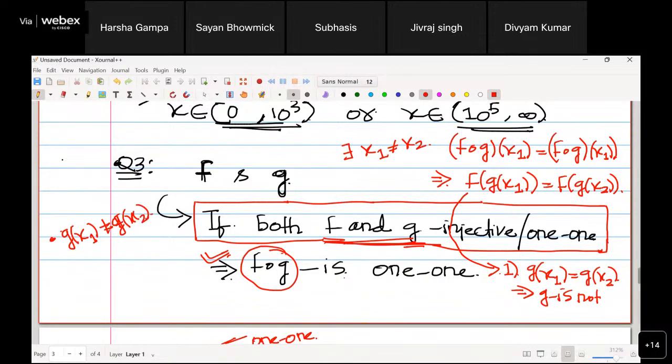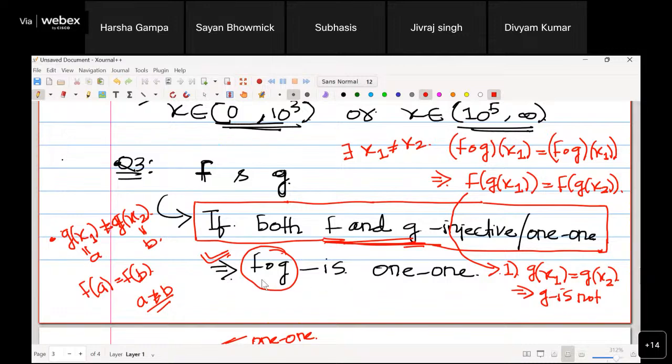Let's say g of x1 is a, g of x2 is b. Then we are getting f of a equals f of b, but a is not equal to b, that means f is not injective.